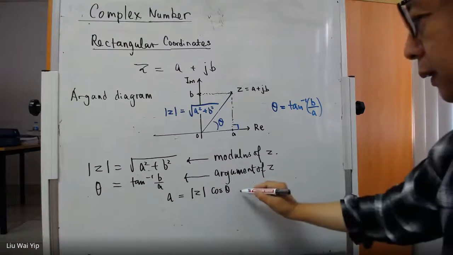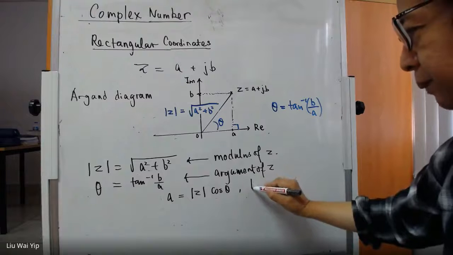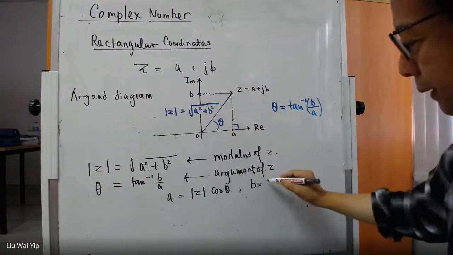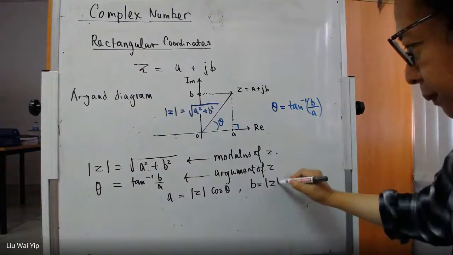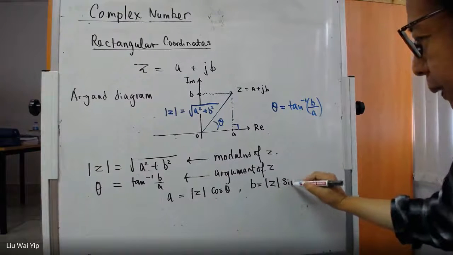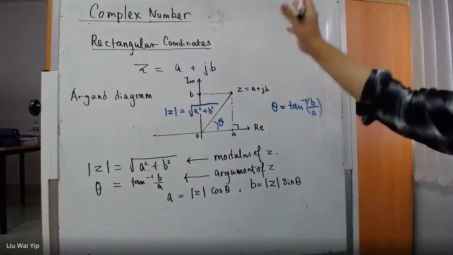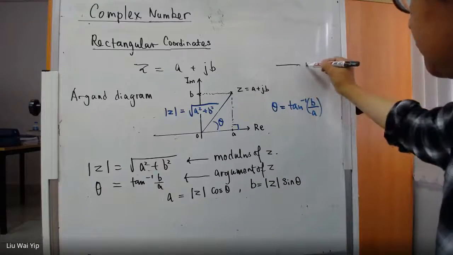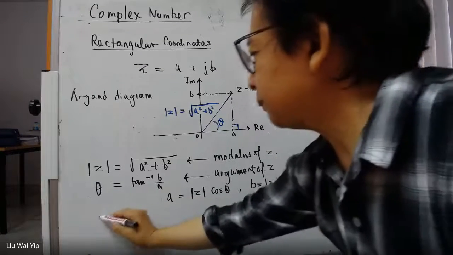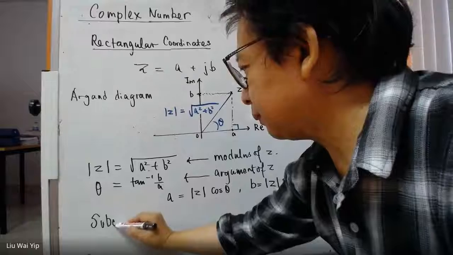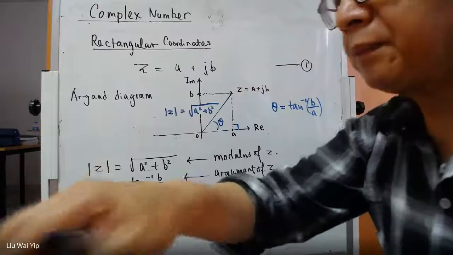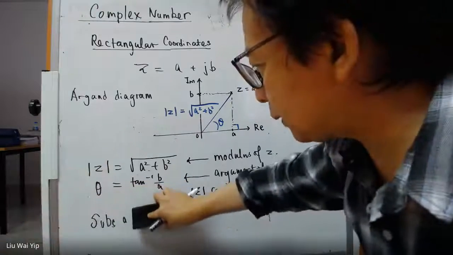Obviously, B can be calculated in a similar manner, as modulus times sine theta. So if you substitute A and B back into equation 1, what are we going to get?